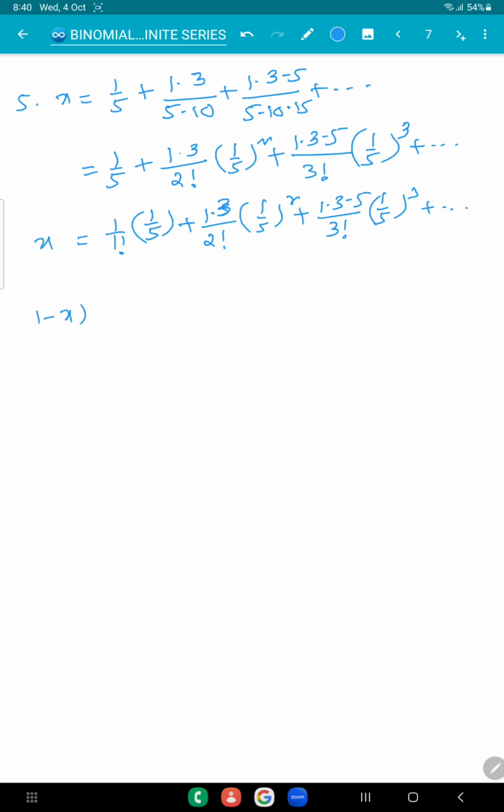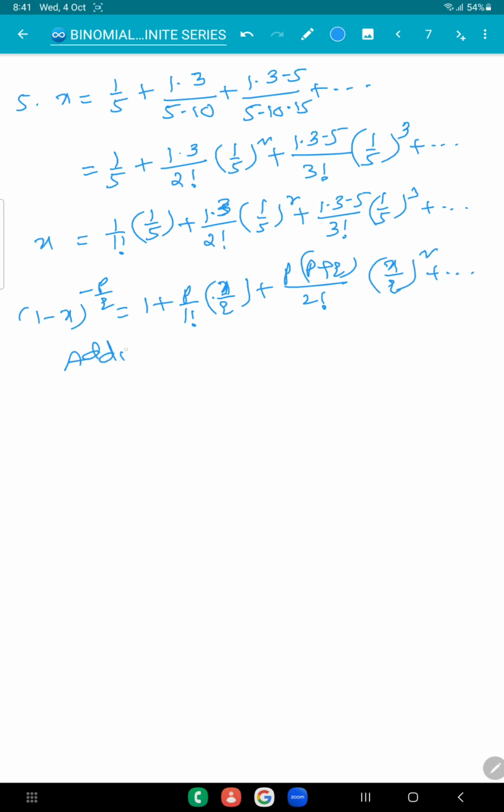So we know that 1 minus x whole power minus p by q is equal to 1 plus p by 1 factorial into x by q plus p into p plus q by 2 factorial into x by q whole square plus and so on. So we are adding 1 on both sides.